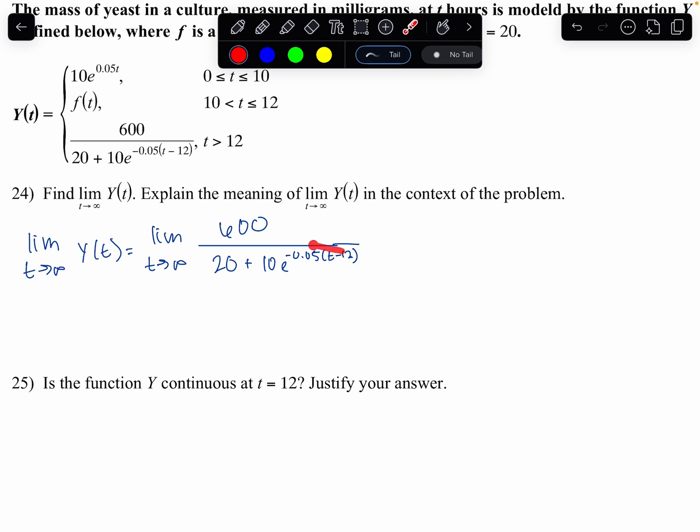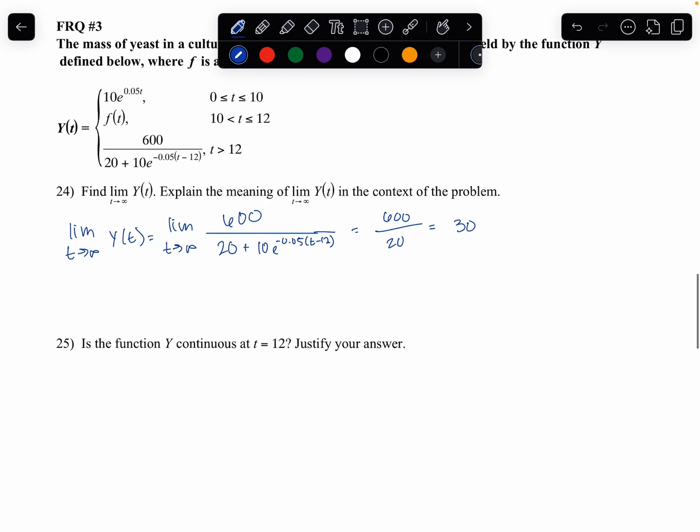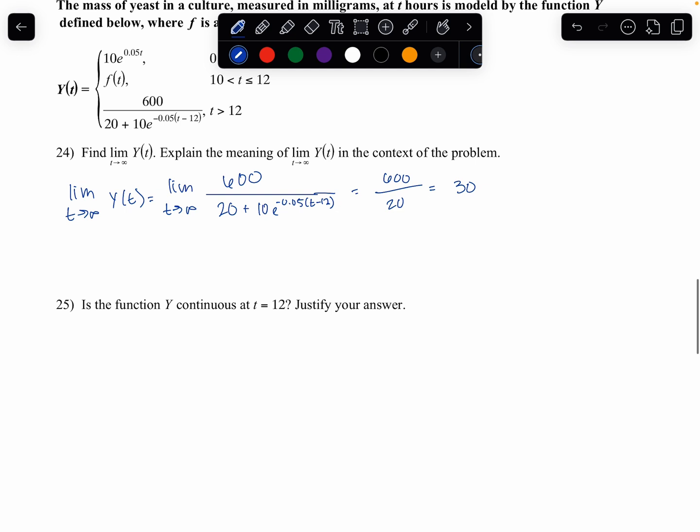So I think all of this right here will just become 0 because it'll be 10 times 0. Then you'll just be left with 600 over 20. And so that's going to be equal to 30, I think, if I'm doing that right.